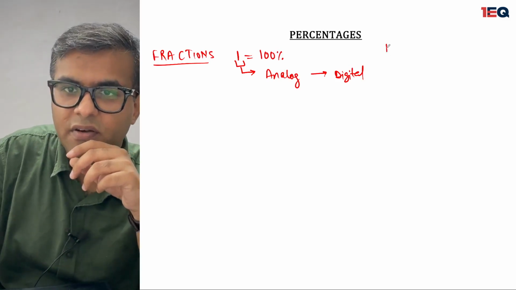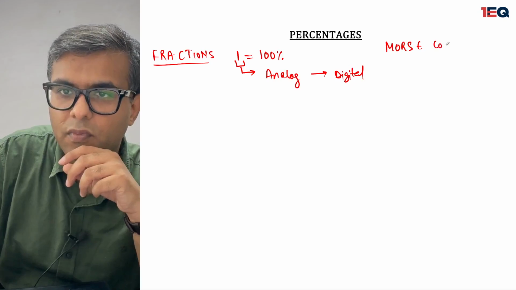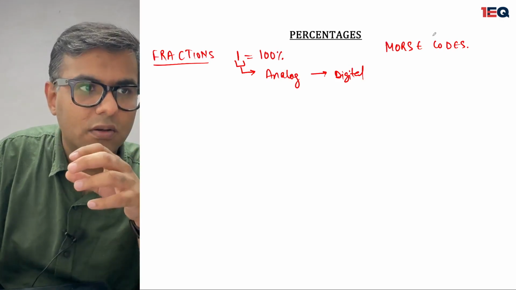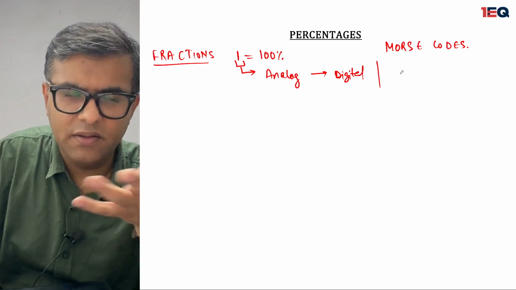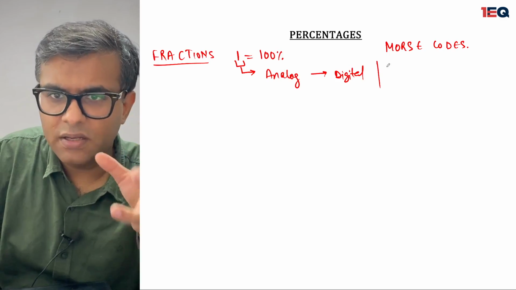Like you might have heard a little bit about Morse codes or some other sort of codes, or Boolean algebra. Some of you might have read a little about Boolean algebra in computer science.